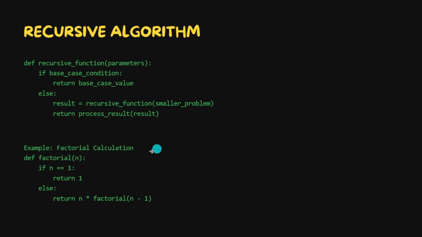This is the factorial calculation implementation. We define factorial of n. If n is equal to 1, we return 1, which is the base case value. In the else case, we return n times factorial of n minus 1. If you call factorial of 5, the function will recursively calculate 5 times 4 times 3 times 2 times 1, which results in 120.